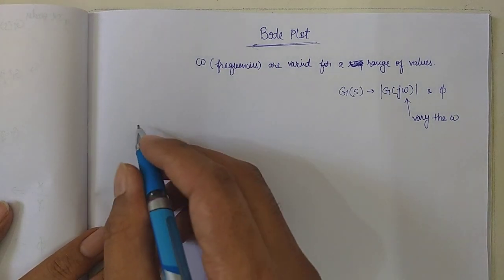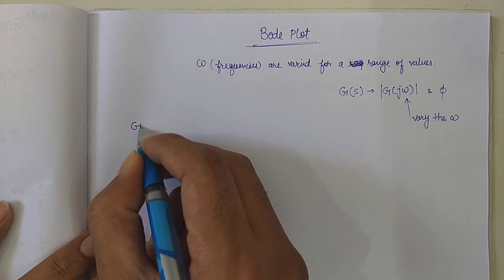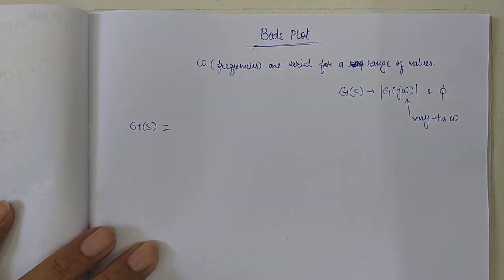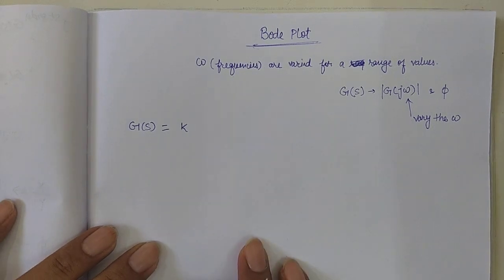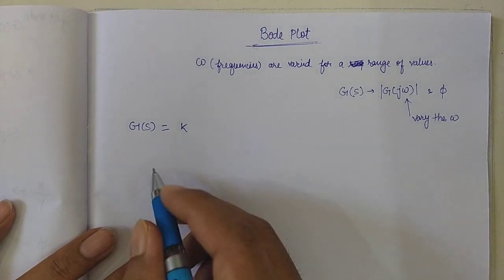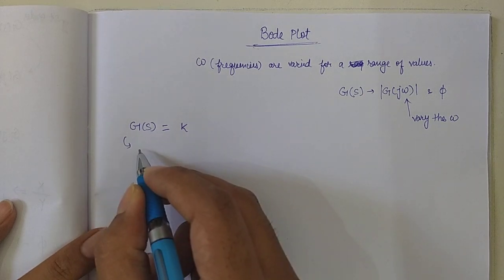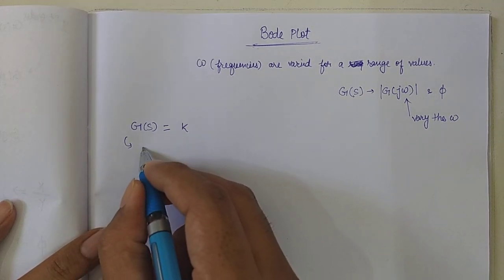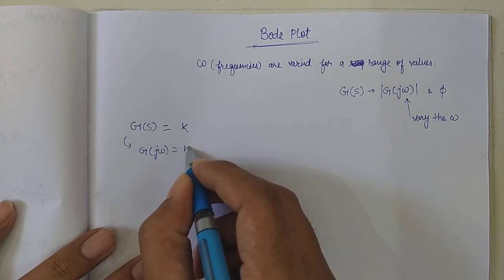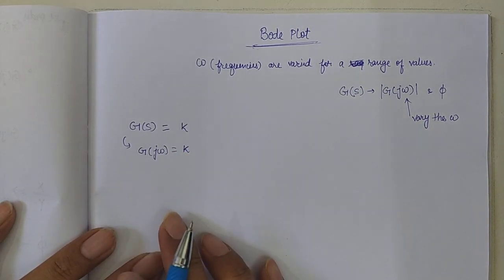So let's first see, for a simple G of s, let's suppose I have G of s in the form of some constant K. Let's convert it into the frequency transfer function. G of j omega is again K, since there is no s term here.